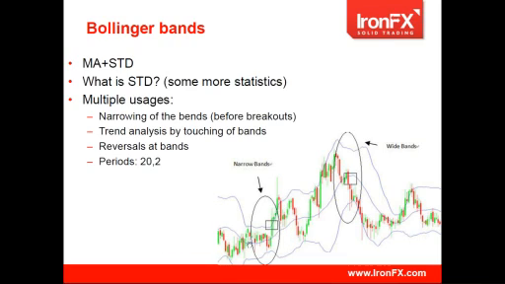Okay. Another interpretation is like this: if we are looking for the bands to shrink or narrow, then we look for breakouts. In this case, we can see that the bands have narrowed, and if there is a breakout in one of the directions, then this should be the direction of the next momentum. So in this case, you see it's a bullish breakout, and we look for the follow-up movement, which is a bullish movement.